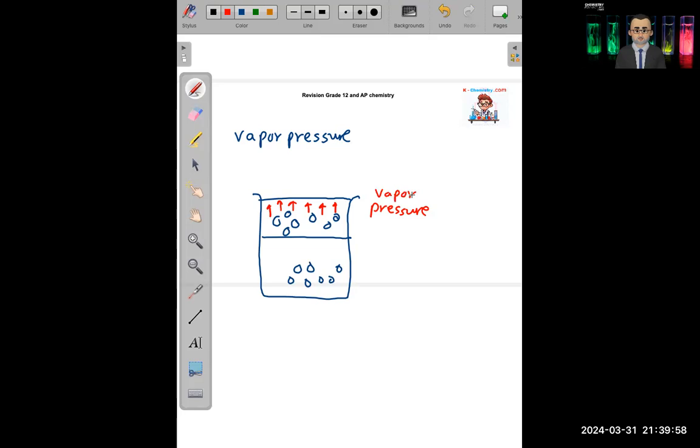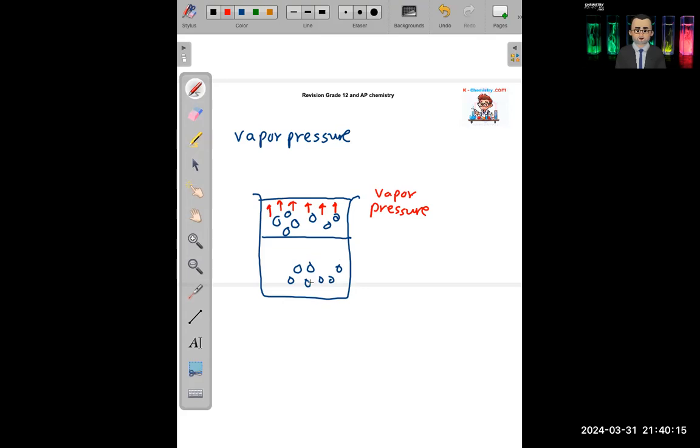So this is the pressure of the gas particles which are formed from the liquid particles due to increased temperature. The vapor pressure is one of the most important factors that depend on the intermolecular forces of attraction.